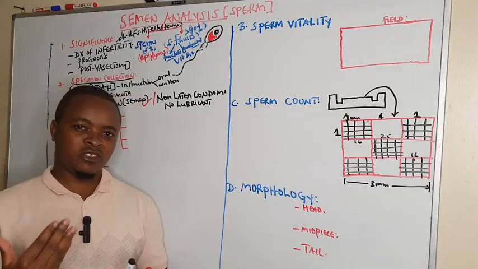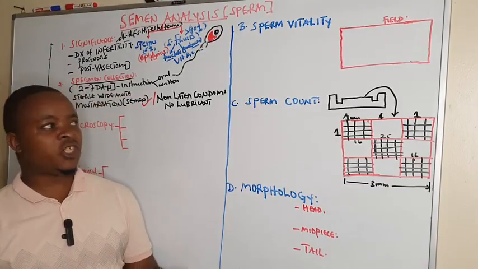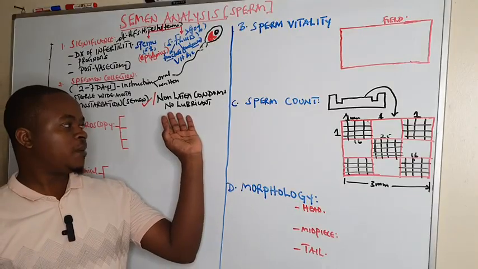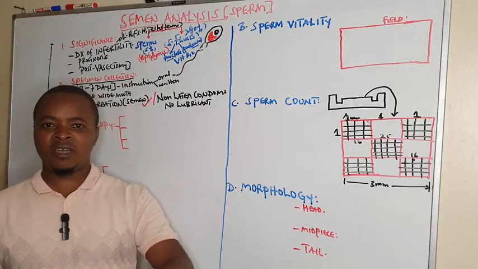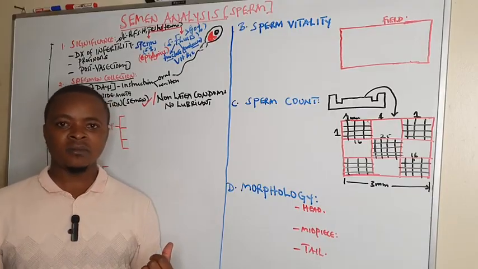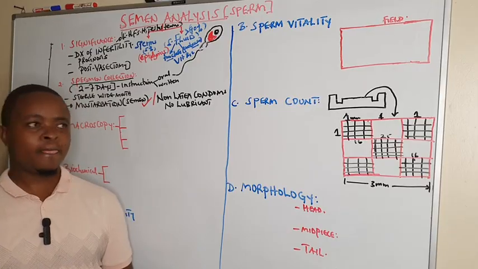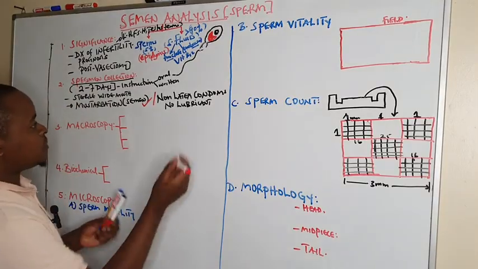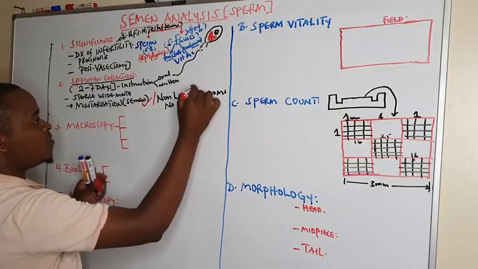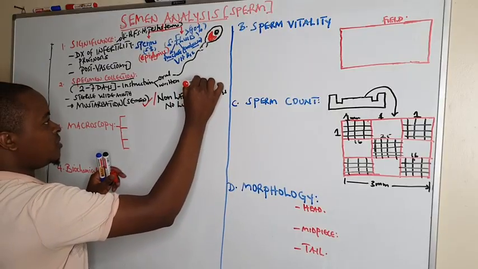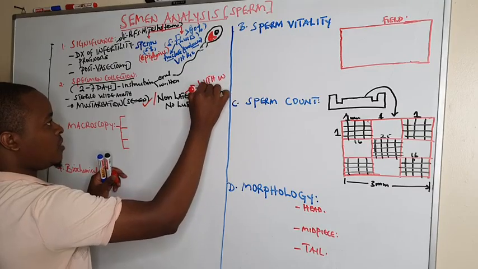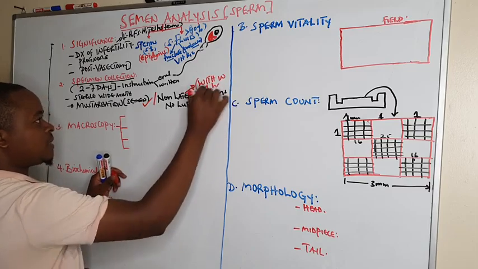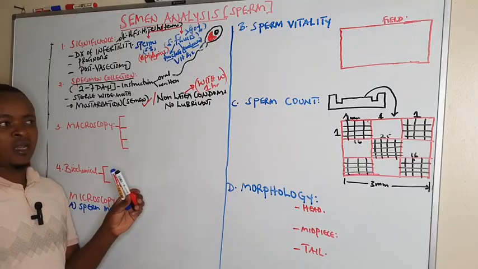Then during sexual intercourse, after ejaculation, you instruct the male to tie the condom, or they can transfer the fluid into the sterile container and bring it. This sample collected from home must be brought to the lab within 1 hour after collection.